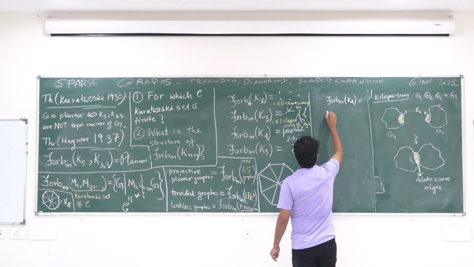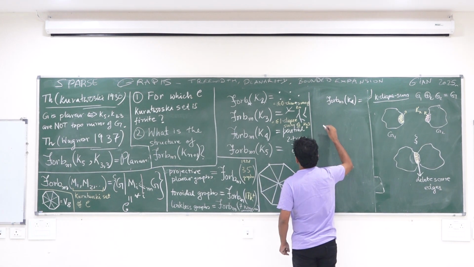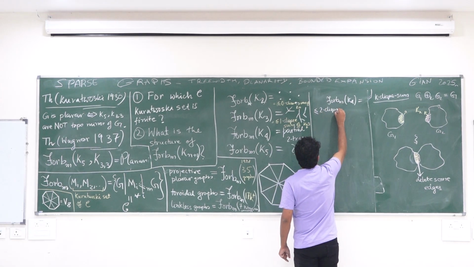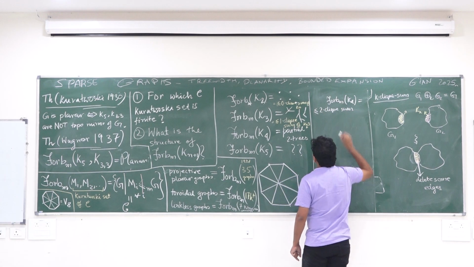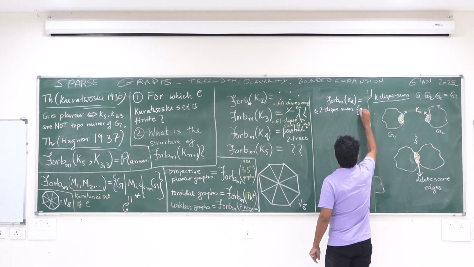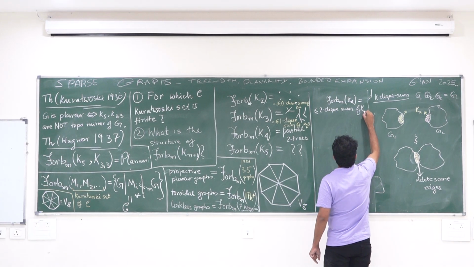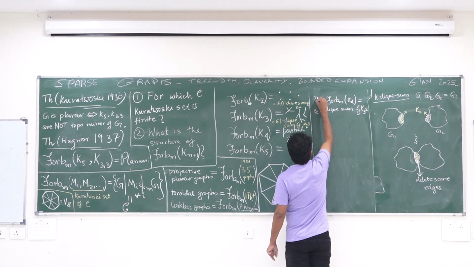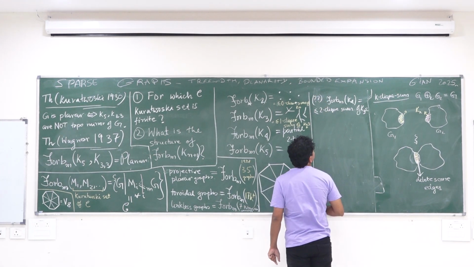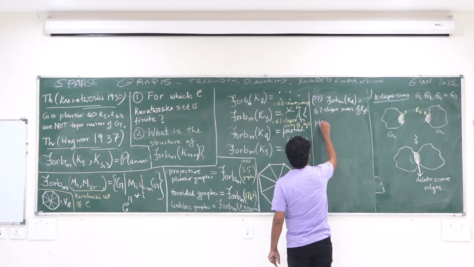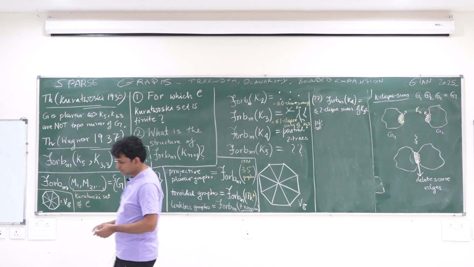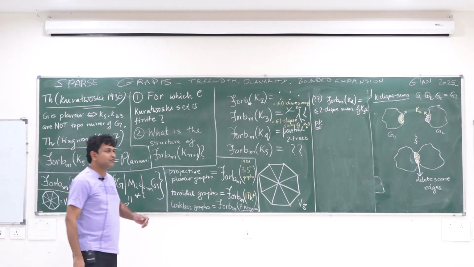It equals the graphs obtained by, with a bit of abuse of notation, a less-than-or-equal-to-2-clique sum of K3s. Maybe? Yeah? Let's try to prove it. So how do we prove it?